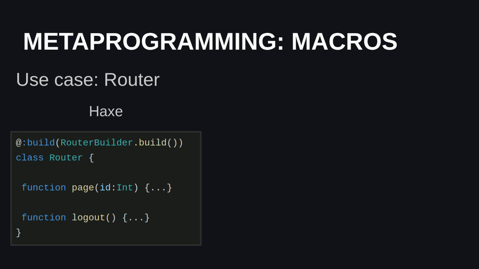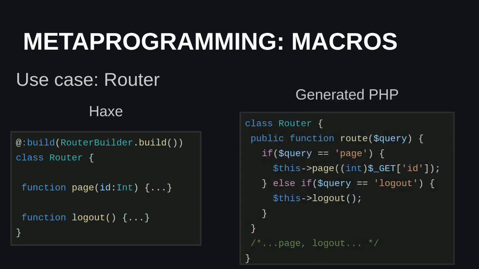By adding a macro which will inspect the syntax tree of that router, you can generate code which will then be compiled to this PHP code. So if you have in your Haxe code functions called page and logout, then macros will build for you a router function which will redirect the HTTP queries to the required function. So you don't need to write these if statements for each route in your application.